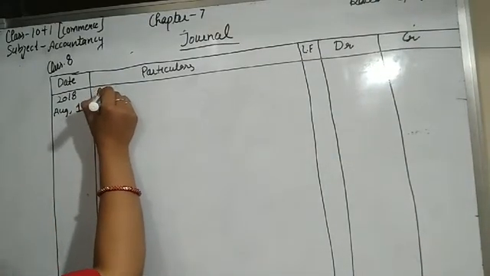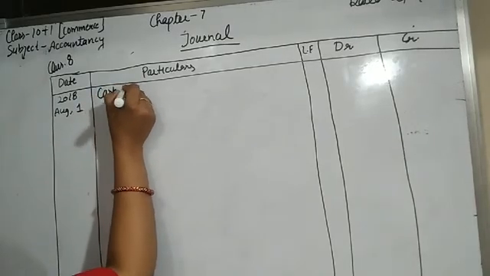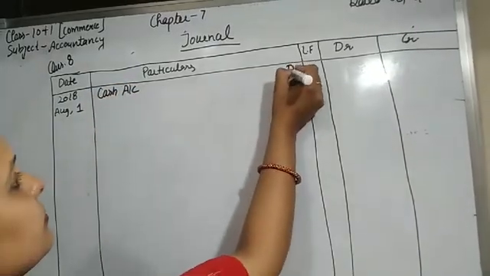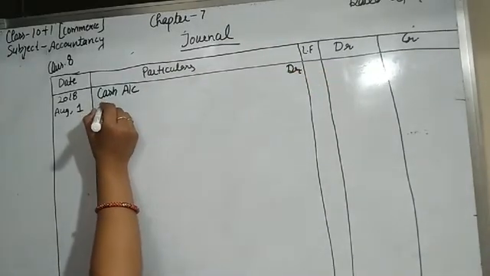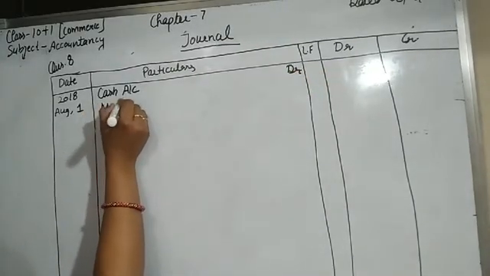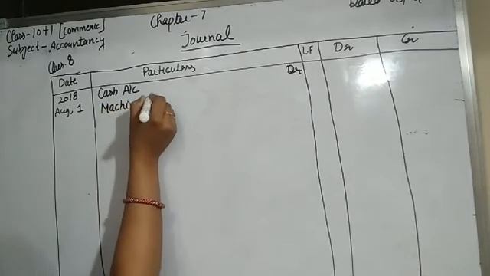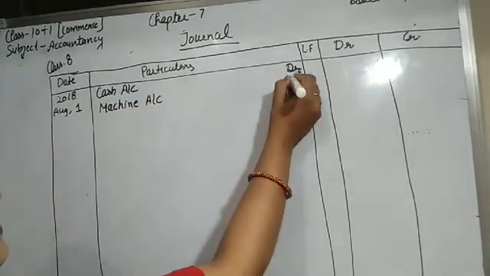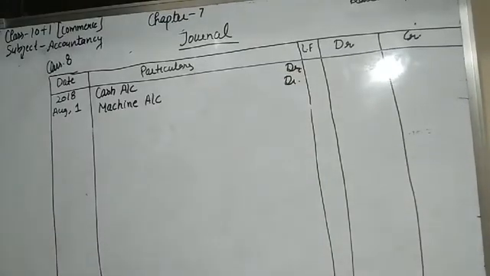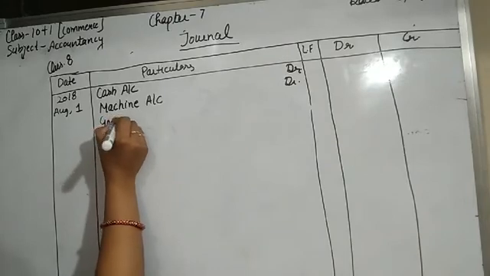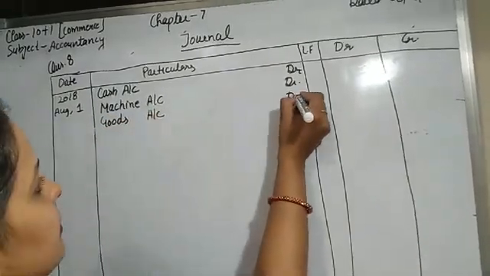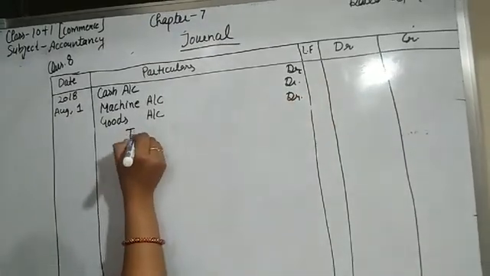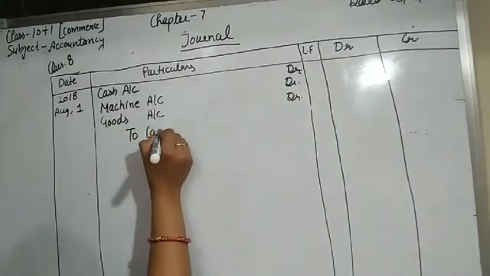So we write here first cash account debit, machine account debit, goods account debit to capital account.